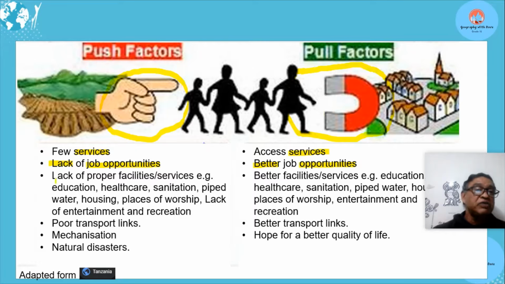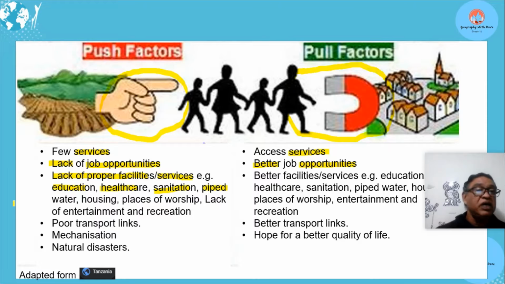I'm coming back to that lack of proper facilities or services. Example, education, which is poorer in the rural area. Therefore, people move towards the urban area. Healthcare, sanitation, piped water.